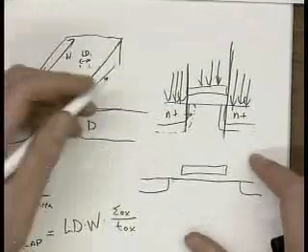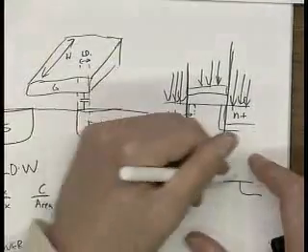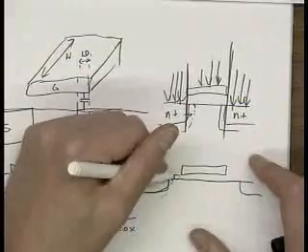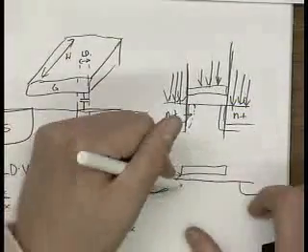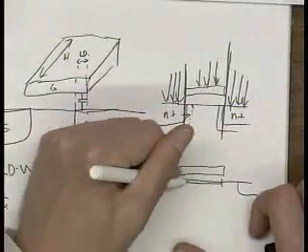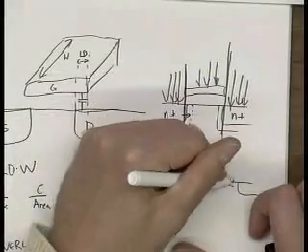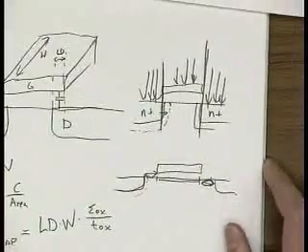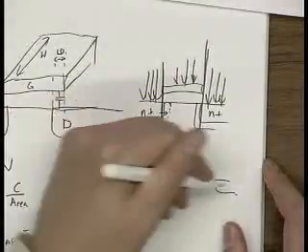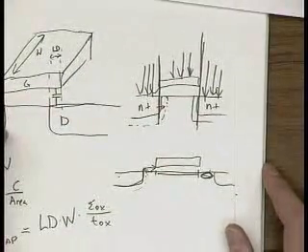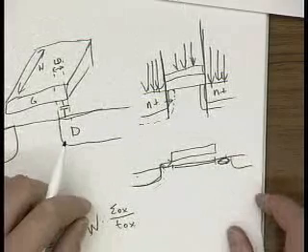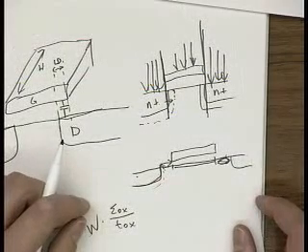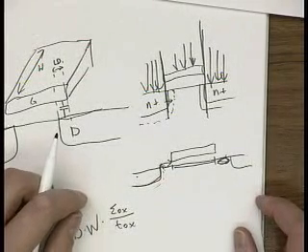You can't guarantee that it's going to align exactly. Let's say it anneals to this, so you've got some distance here. This gate can invert the channel here, but it might not be able to invert the channel here because it's not directly over it. Therefore, you wouldn't have a conductive channel from source to drain and your device would fail. So this is a parasitic effect, but it's a parasitic effect of doing something that's pretty much necessary. So the lateral diffusion is kind of random.